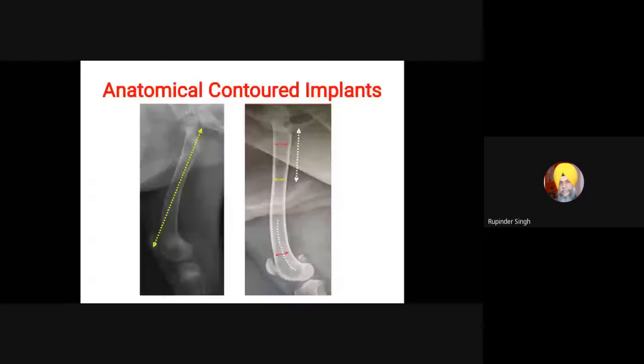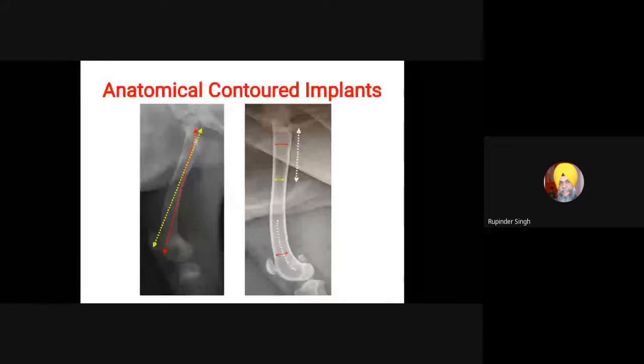More likely I am trying to engage the lower end of the fracture. Then what will be happening? My pin will be going close to the joint. So you can see the red arrow. The upper end of the red arrow is touching the head of the bone. Okay, so that may cause complications.